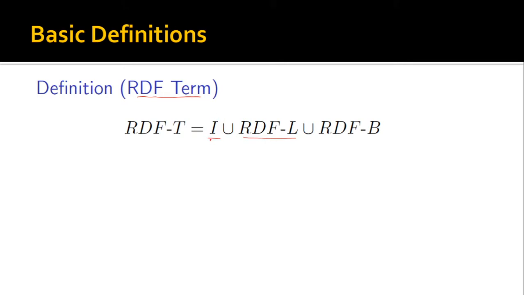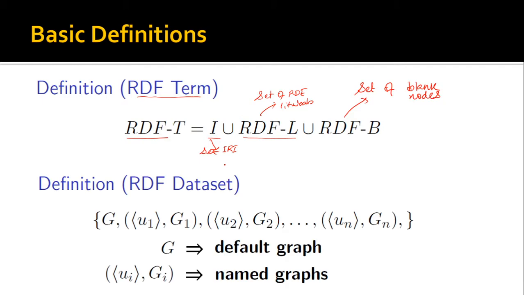So this is the set of IRIs, this is the set of RDF literals, and this is the set of blank nodes, and together they give us the RDF term, right?